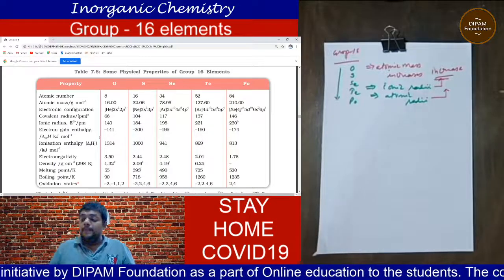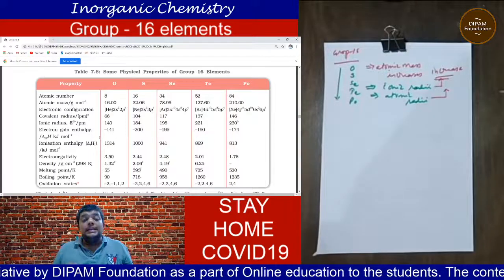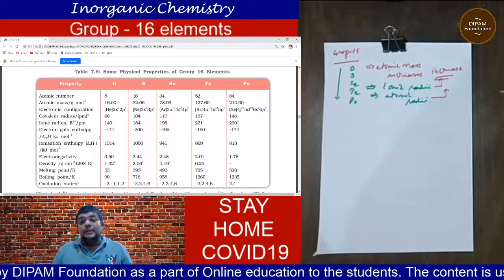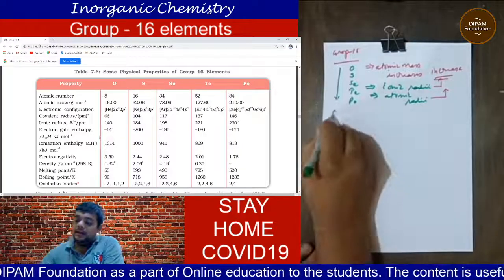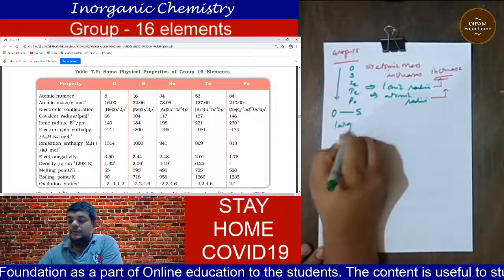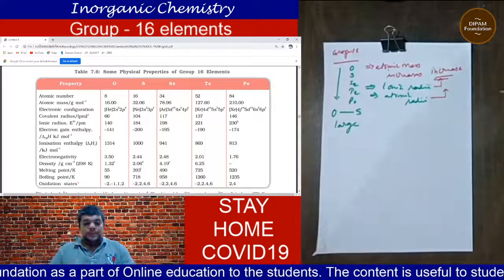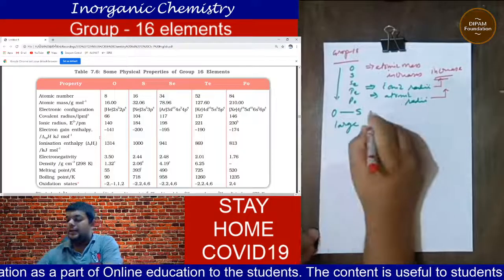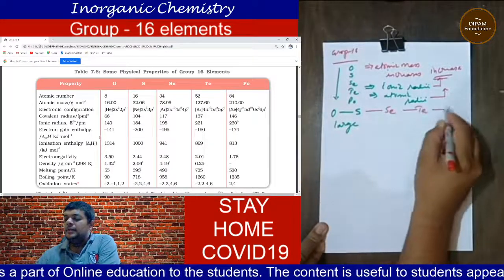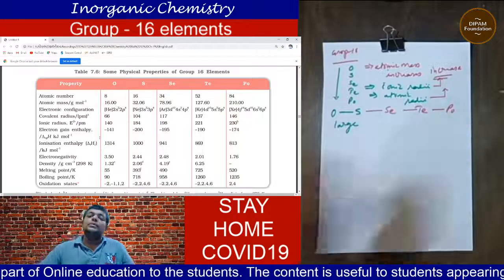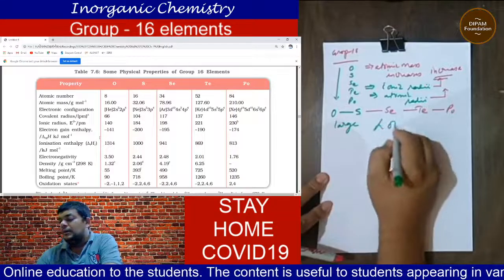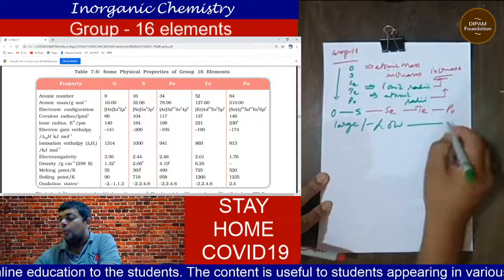Over here, you can very well identify and indicate that the difference in atomic and ionic radii between oxygen and sulfur is large, whereas the difference in atomic and ionic radii between sulfur and selenium, selenium and tellurium, and tellurium and polonium are comparatively low.